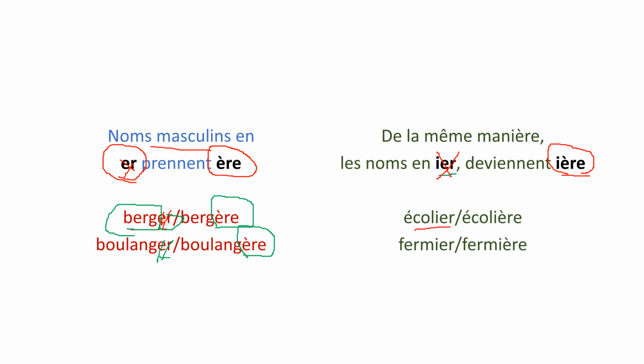So écolier, meaning a schoolboy, becomes IE accent grave RE, it becomes a schoolgirl. Fermier, we eliminate that IER and we replace it by IE accent grave RE.